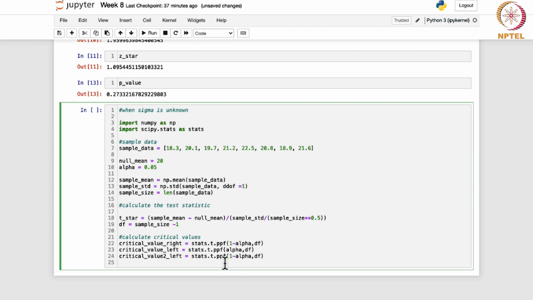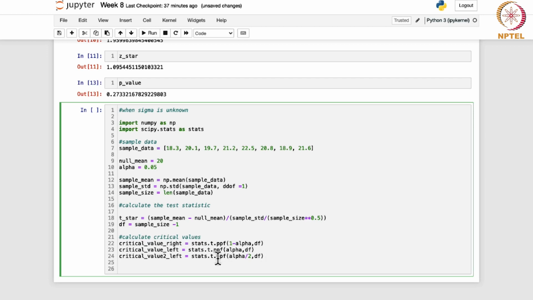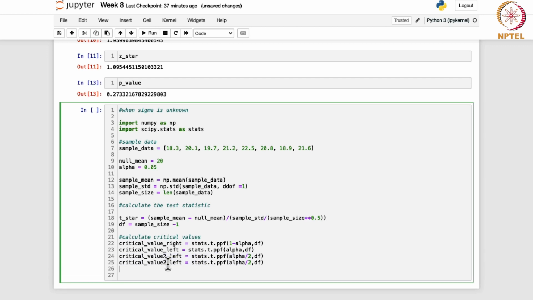For left-tailed, first let me write, it would be alpha by 2 because alpha would be divided into two parts. So alpha by 2 with the corresponding degrees of freedom, and the other one would be for the right side. So here it would be 1 minus alpha by 2, or you could simply write minus of whatever is on this side.